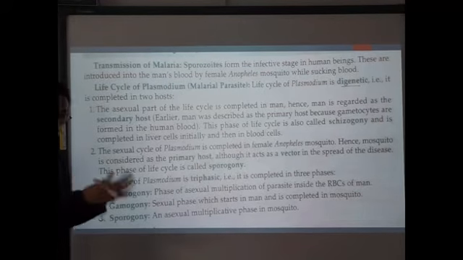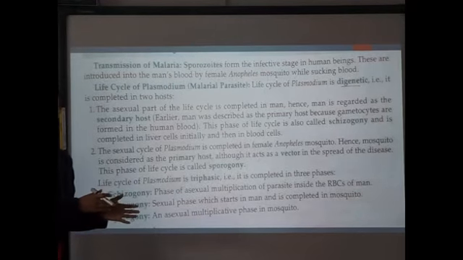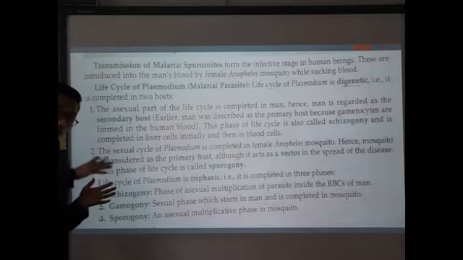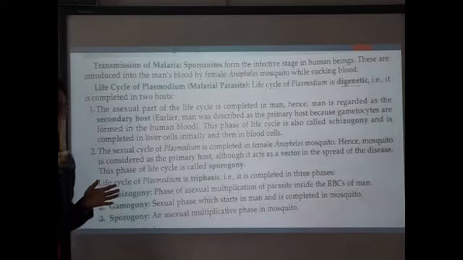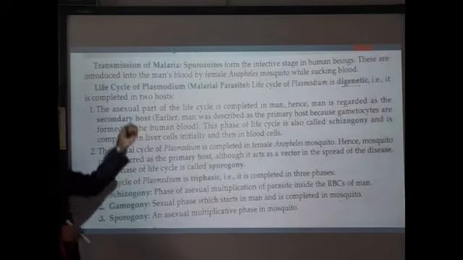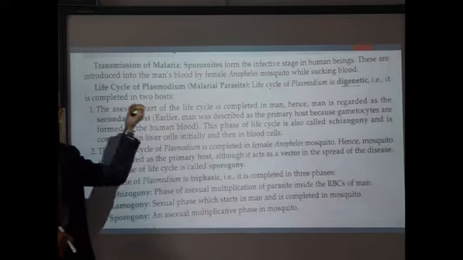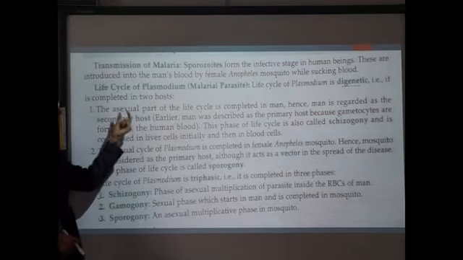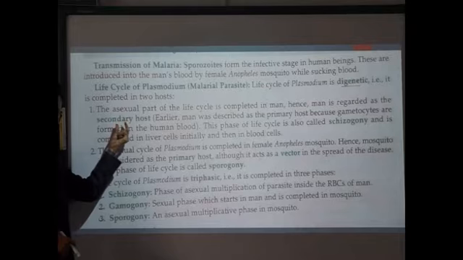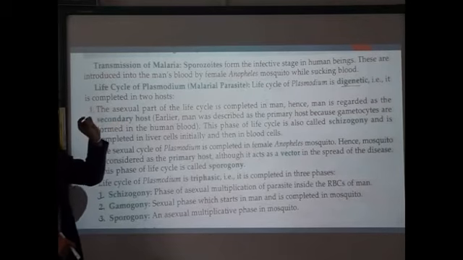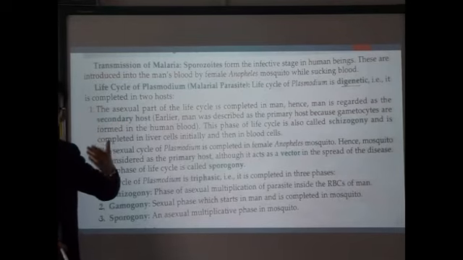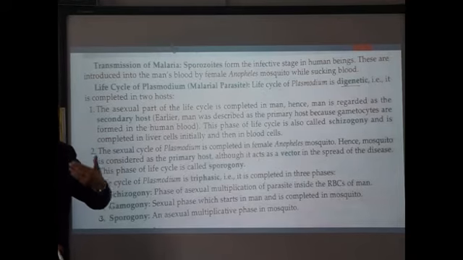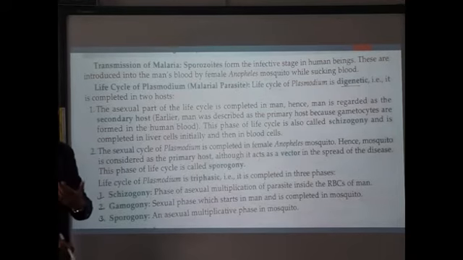But though there is formation of gametes, the fusion of gametes occurs only within the body of the mosquito. So that's why nowadays human beings are regarded as the secondary host. And in this particular phase, in case of human being, the Plasmodia rapidly multiply with the help of asexual reproduction.